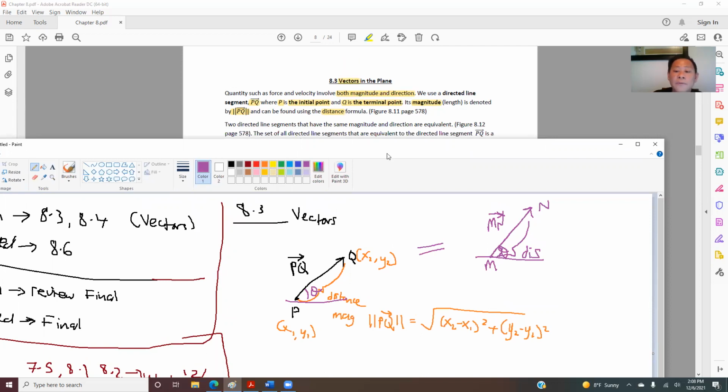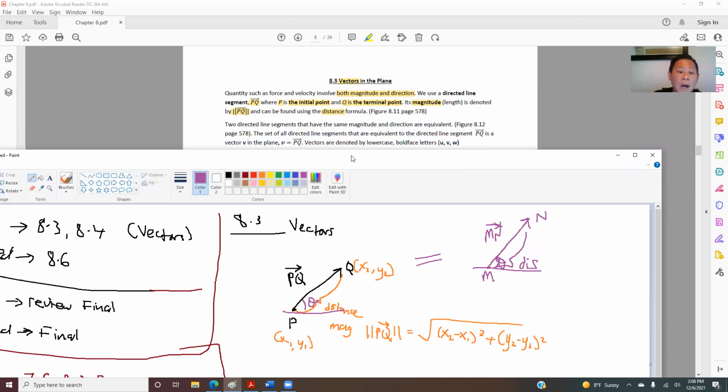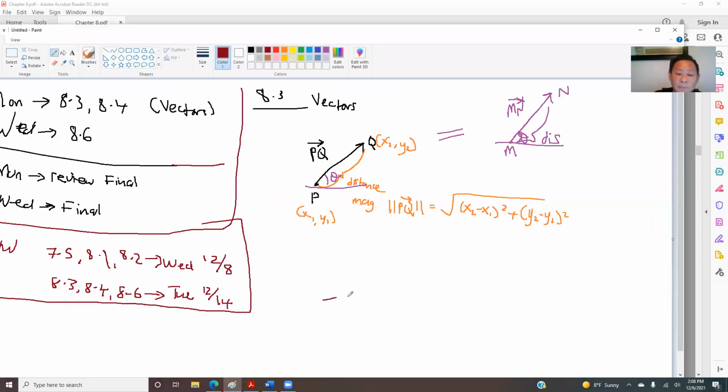Okay, and if you set this vector in the xy plane, another kind of vector is this: if I put this vector PQ or MN into the xy coordinate plane, where my P in this case is your origin, and your Q is the ending point.